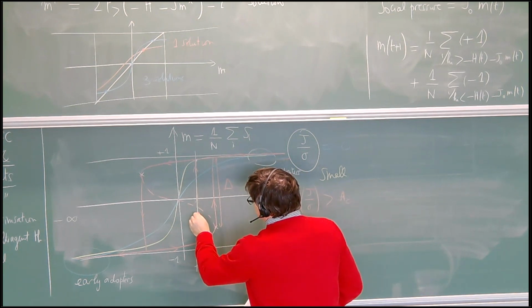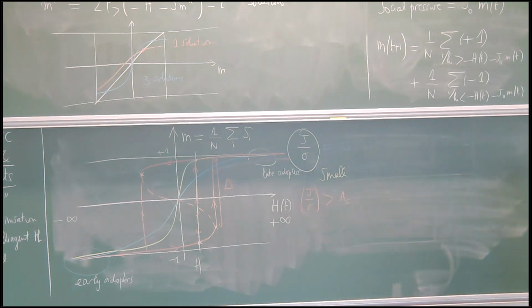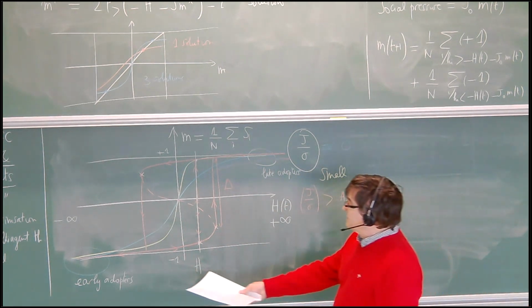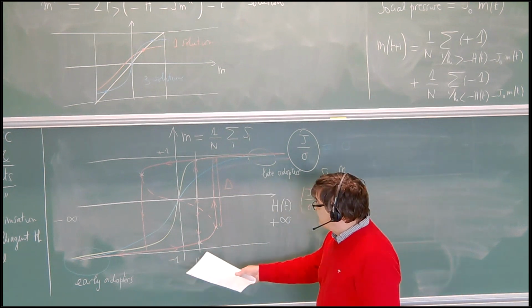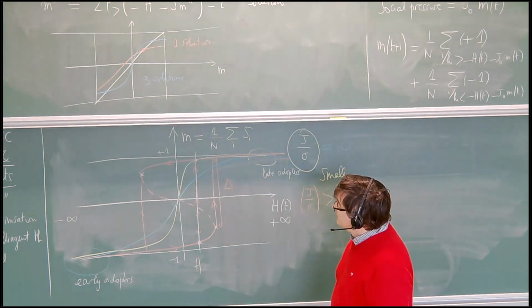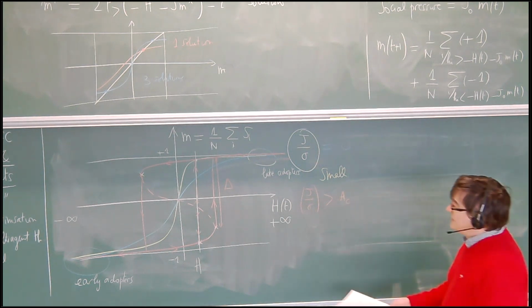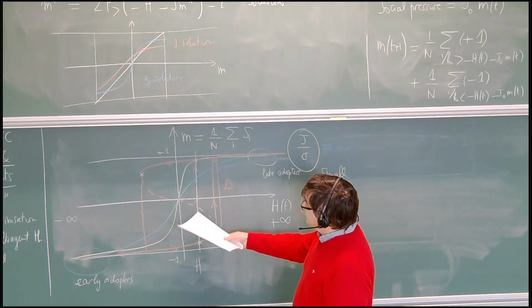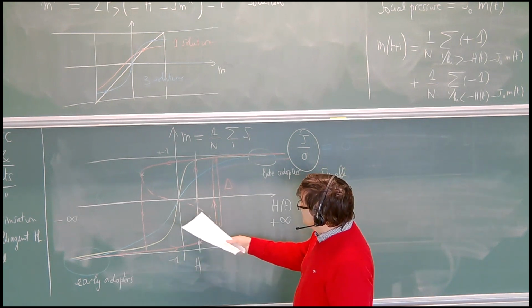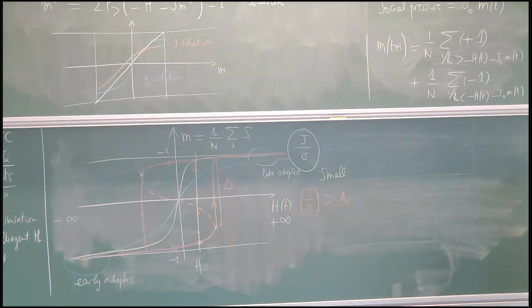And if the initial point is here, you're going to flow to that solution. So if instead of having an h that varies with time, I have an h that's fixed in time, but a population that starts randomly with a random fraction of people that are convinced, then depending on the position of the initial condition compared to the unstable solution, you go one way or the other. So in some cases, it's really important to know where this unstable solution lies.